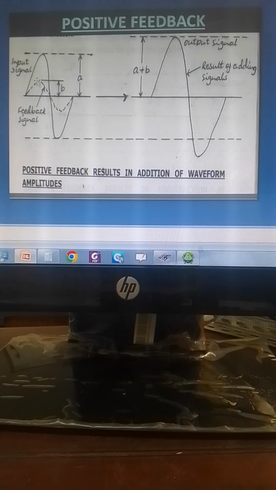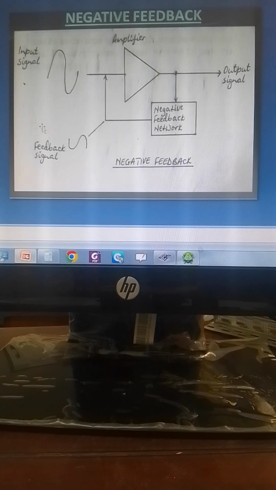Because we have added the feedback and the input. Hence, we have amplified our signal. This is where you hear a lot of sound, a lot of good music, because we are adding feedback signals and the input signals. Then you see yourself enjoying an annual ball, dancing, having fun, because this is what is happening in those speakers. Then we look at the negative feedback.